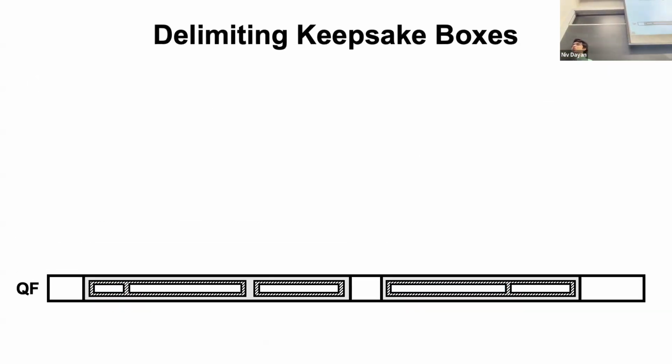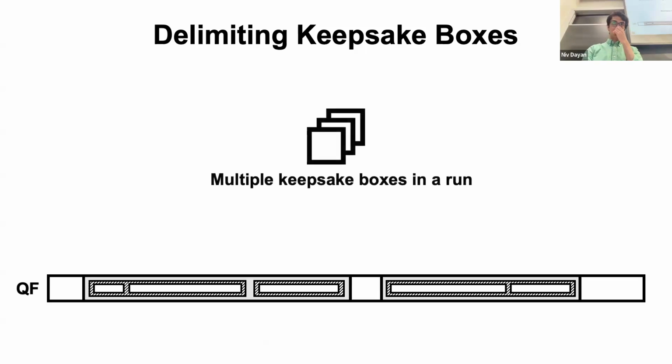So now that we know how this structure works at a high level, let's talk about how you might encode these keepsake boxes. The core issue here is that your runs are no longer just a bunch of fingerprints as you would expect in a normal quotient filter. They're storing a bunch of keepsake boxes, which are more complex than a normal fingerprint, right?